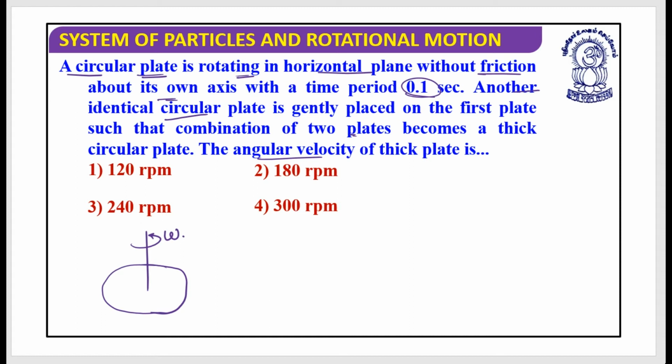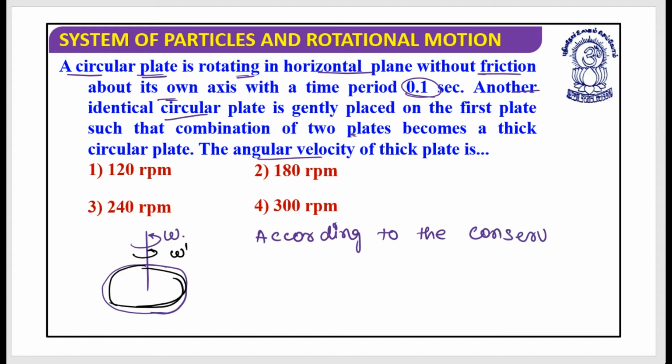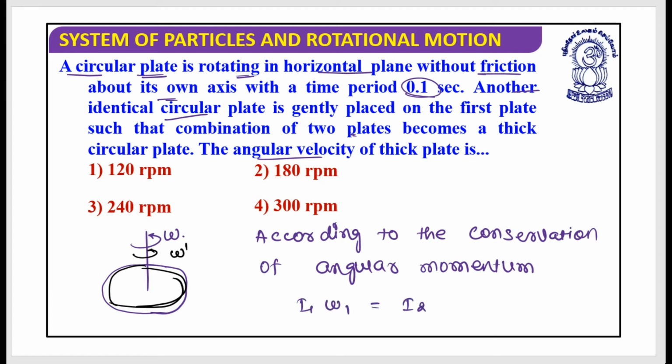I'm going to put another identical plate over this, and now both are moving with a new angular velocity, that is what I require. So according to the conservation of angular momentum, what I can have is I1 omega 1 equals I2 omega 2. I hope this is clear.